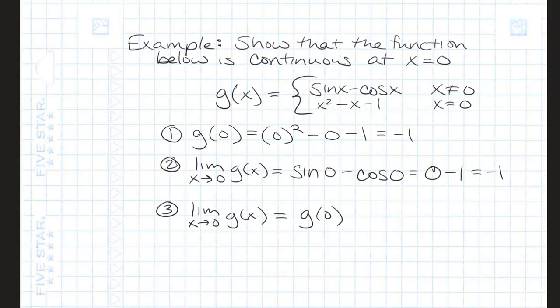True. We finish this off by saying therefore. This is the mathematical symbol for the word therefore. It's 3 little dots stacked up like a triangle. Therefore, g of x is continuous at x equal to 0. All of that is the answer.